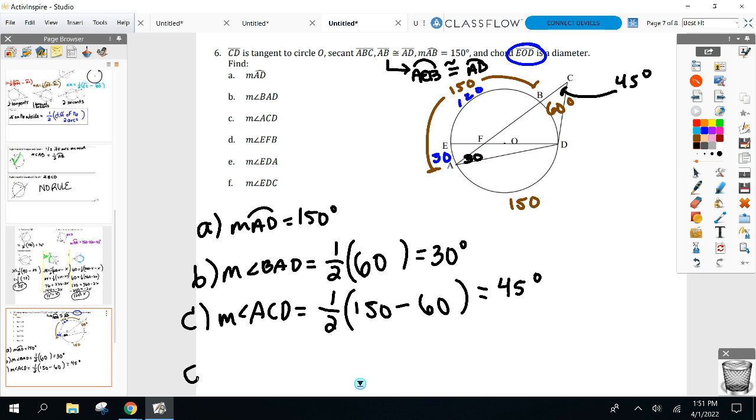D. Angle EFB. Inside or outside? Inside. Ready. Central. No. Inscribed. No. Therefore, it's got to be a floater. So somebody should be giving me 2 arcs added up now. Its arc and its vertical angle's arc.